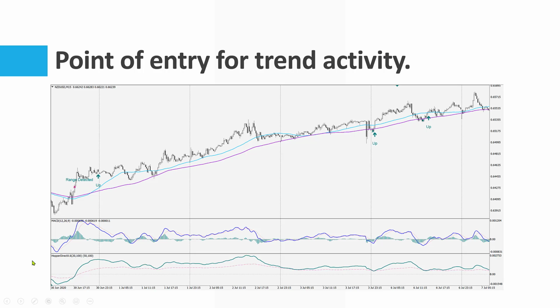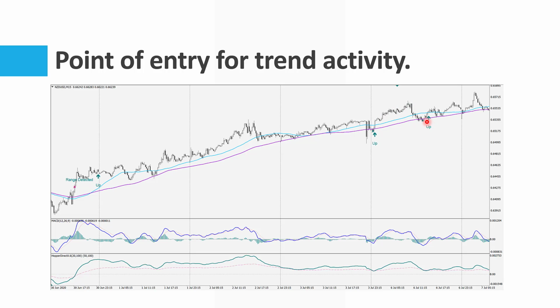So point of entry for trend activity. This is a 15-minute time frame chart, and as it pinpoints direction, you can take that information and use it however you choose to trade during your trading day, but it really pinpoints the point of entry for the trend activity, and here's the X where that ended, and then it actually started up again immediately.